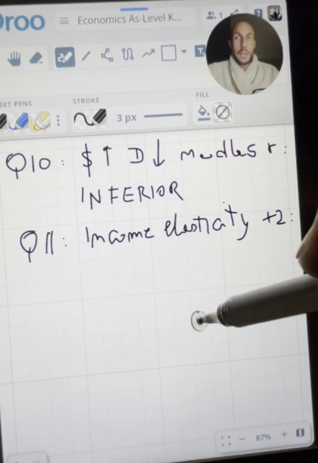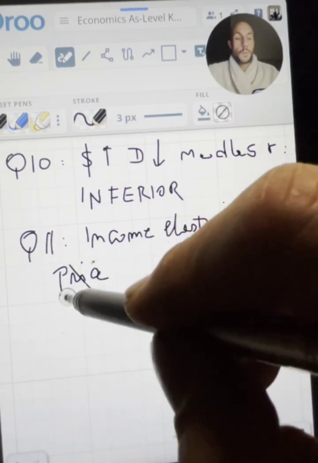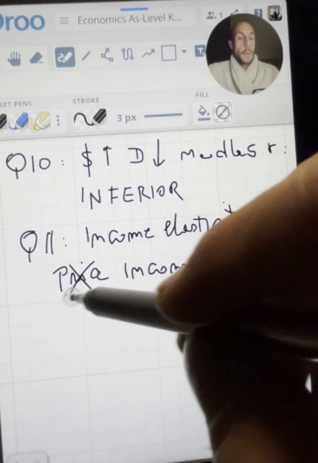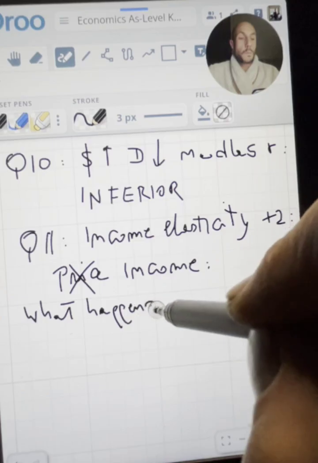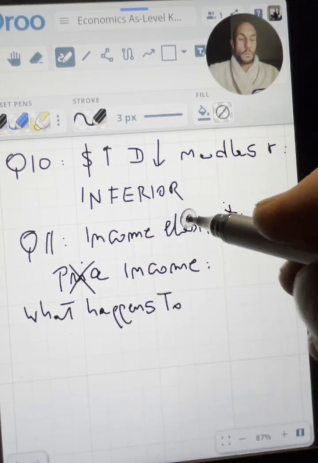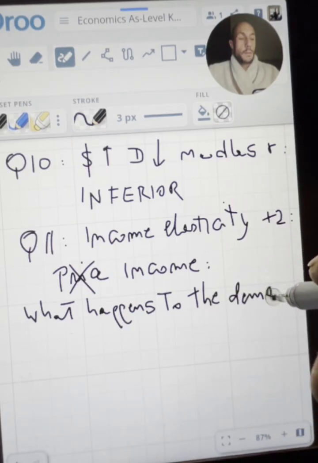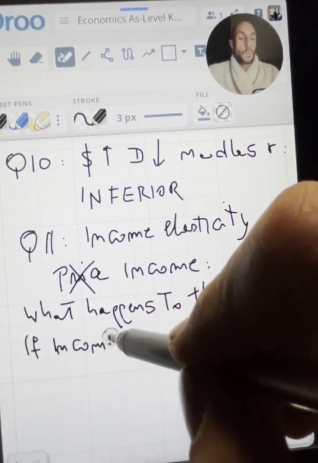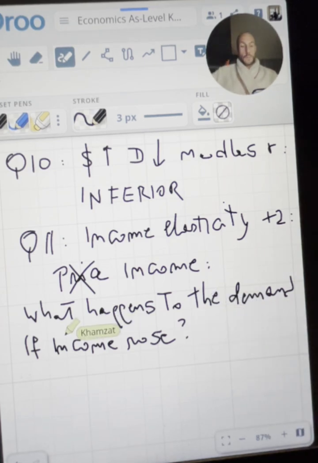Yes, but here we are not asking price elasticity, we are asking income elasticity. So what happens to the demand if income rose? This is the income elasticity.